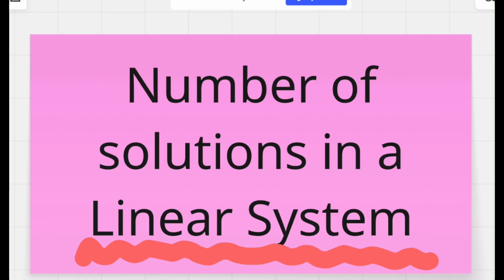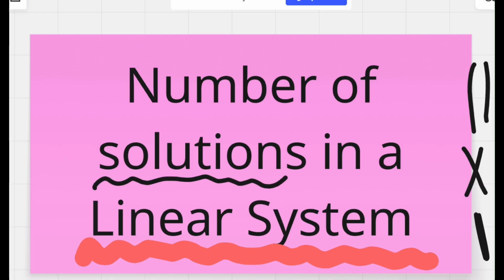So, what is a system? A system is literally just two lines either parallel, intersecting, or just on top of each other. And when we are asking for the number of solutions, we're basically asking how many times these lines intersect with each other.